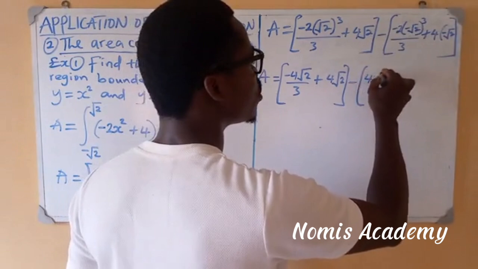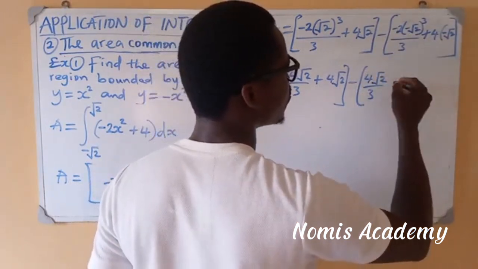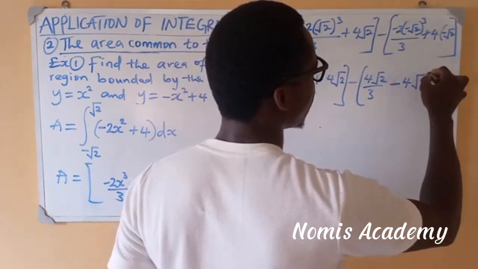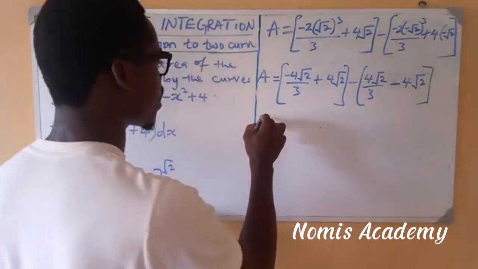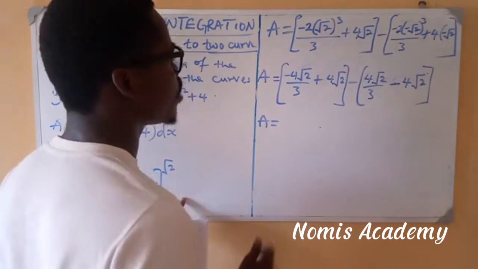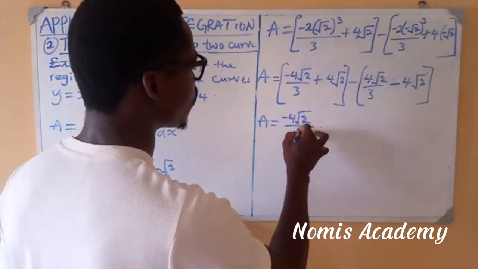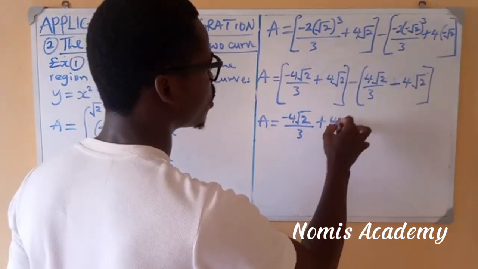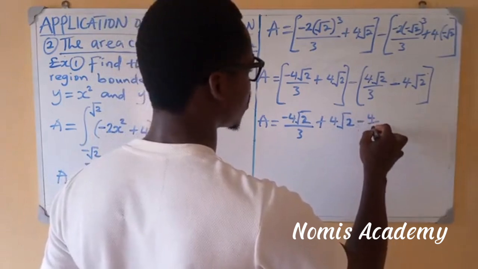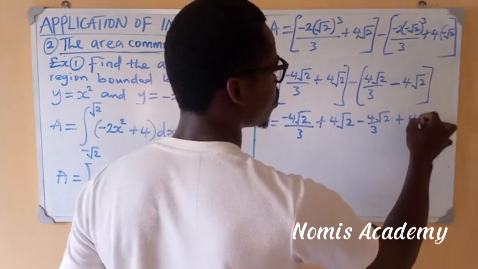So we have 4 root 2 over 3, and then minus 4 root 2. Now, A is equal to, we can clear off the brackets: minus 4 root 2 all over 3 plus 4 root 2 minus 4 root 2 over 3 plus 4 root 2.